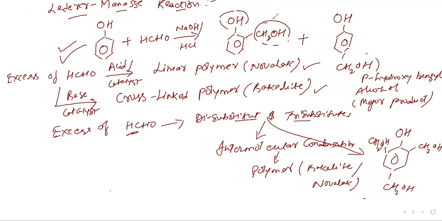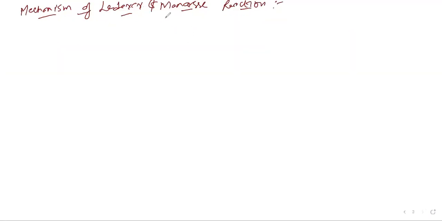Mechanism of the Lederer-Manasse reaction. So the mechanism of the first stage of the reaction, that is, formation of the ortho-hydroxybenzyl alcohol that got formed. Let's look at the formation of this with the help of mechanism.